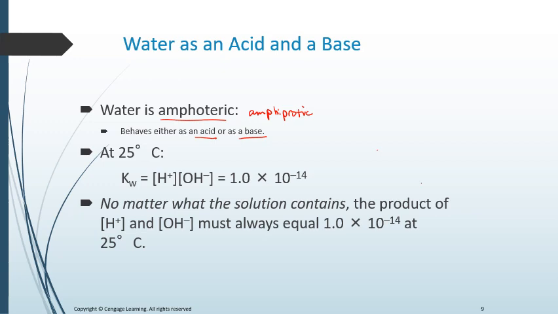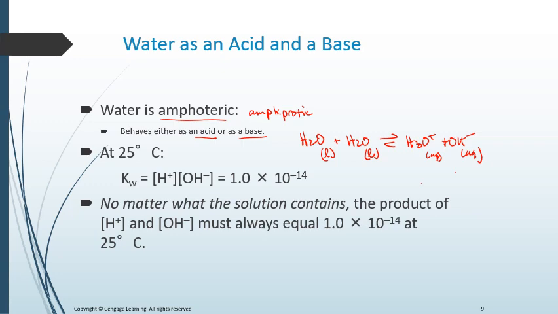You saw the simple reaction of the water reacting with another water molecule to produce the H3O+ and OH minus. This would be a liquid and a liquid, going to aqueous and aqueous. So we can set up a new equilibrium expression, which is the auto-ionization of water, and we label that as a Kw.